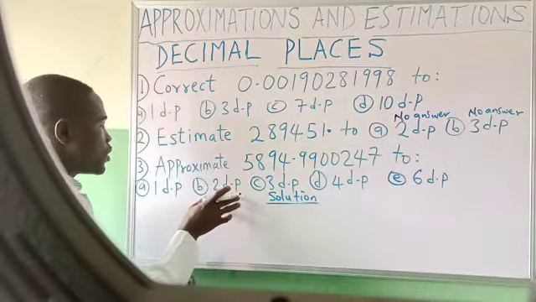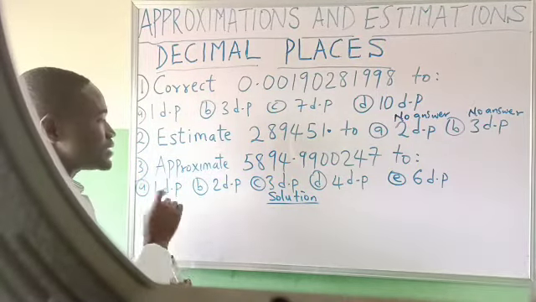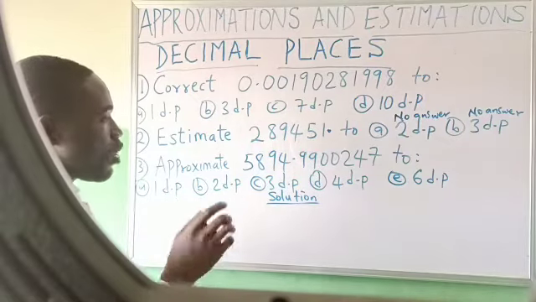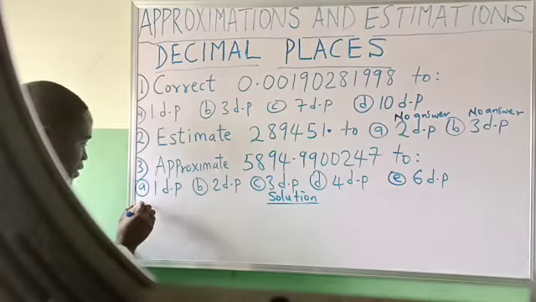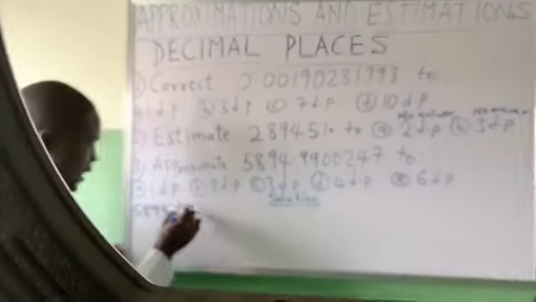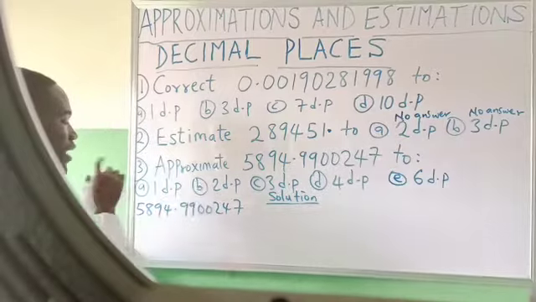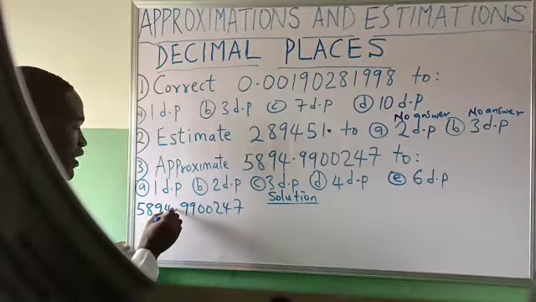Now we come to question number 3. Approximate this to 1 decimal place, 2 decimal place, and so on. First thing, we write the whole digits. 9900247. To 1 decimal place, locate your decimal point.